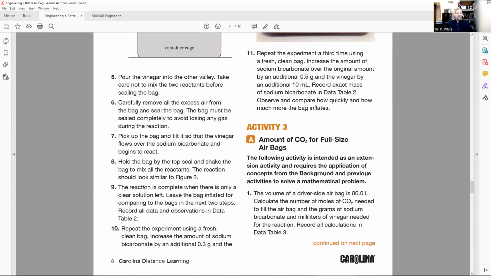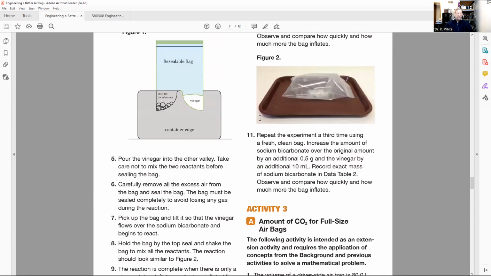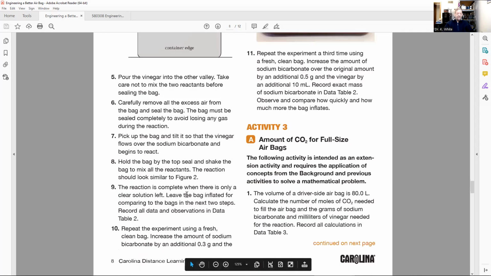When the reaction is complete, it should look like figure 2. Leave the bag inflated for the next 2 steps. You're going to see how full this bag gets inflated.